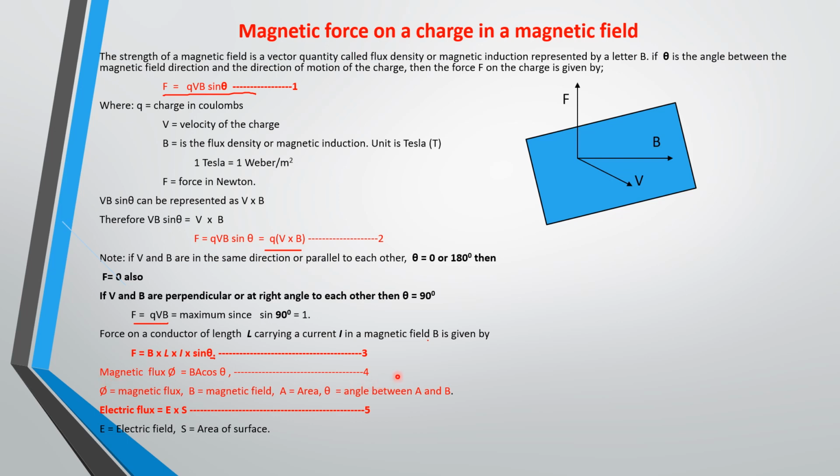Then another equation that you need to take note of is that magnetic flux is given by B A cos theta, where B is the magnetic field, A is area, and theta is the angle between A and B. Another equation is electric flux, which is electric field times surface area, where E is electric field and S is the area of the surface. So here we have looked at some equations, and we will try to solve some problems in a short while.